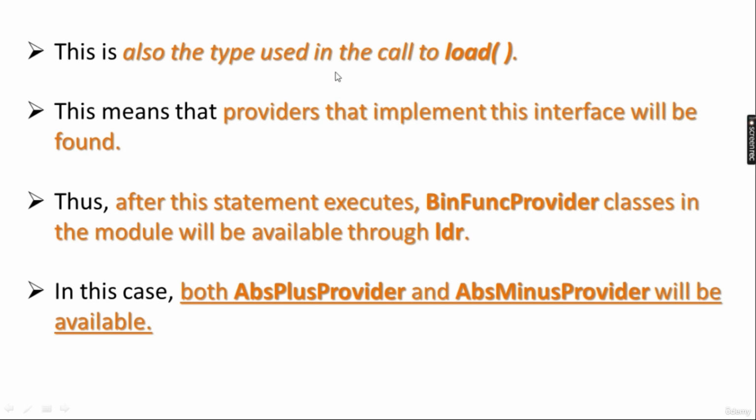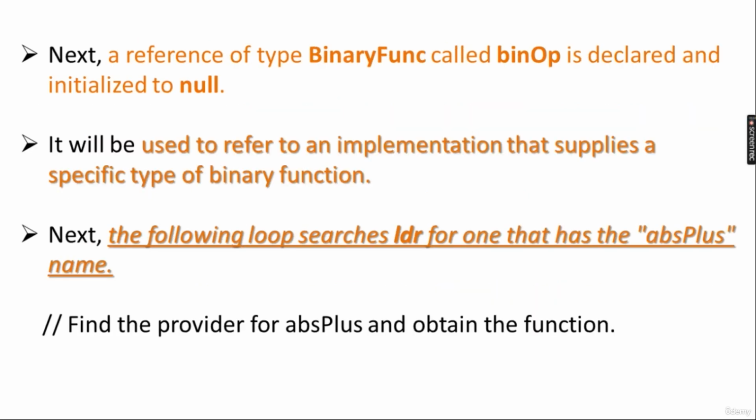This is also the type used in the call to load. Okay, because it is providing you the class at runtime. This means that providers that implement this interface will be found at runtime. Thus, after this statement executes, binary function provider classes in the module will be available through LDR to iterate in the for style for loop. In this case, both absolute plus provider and absolute minus provider will be available.